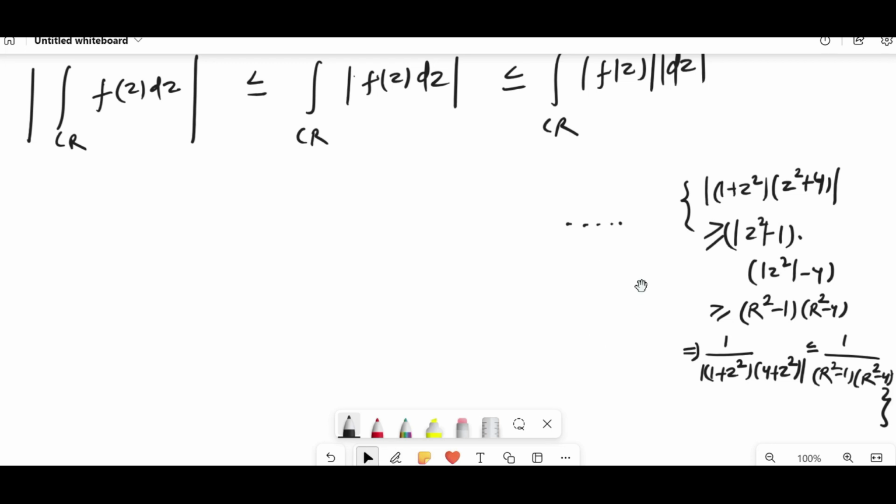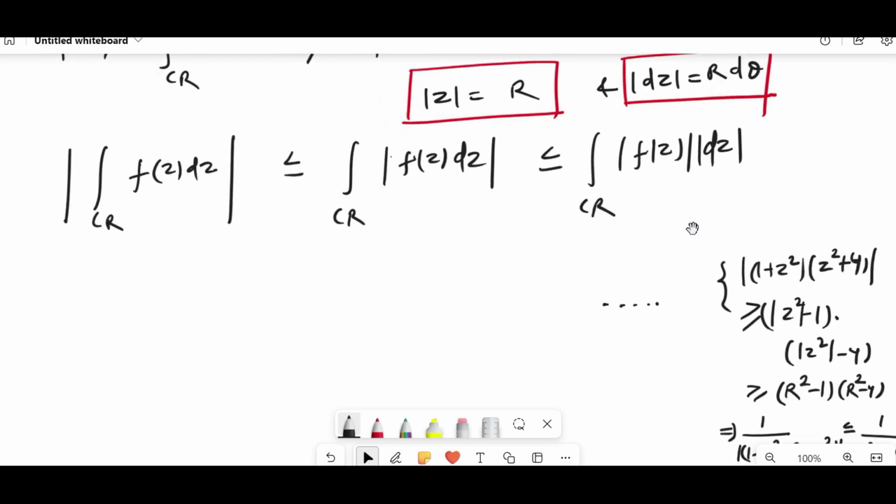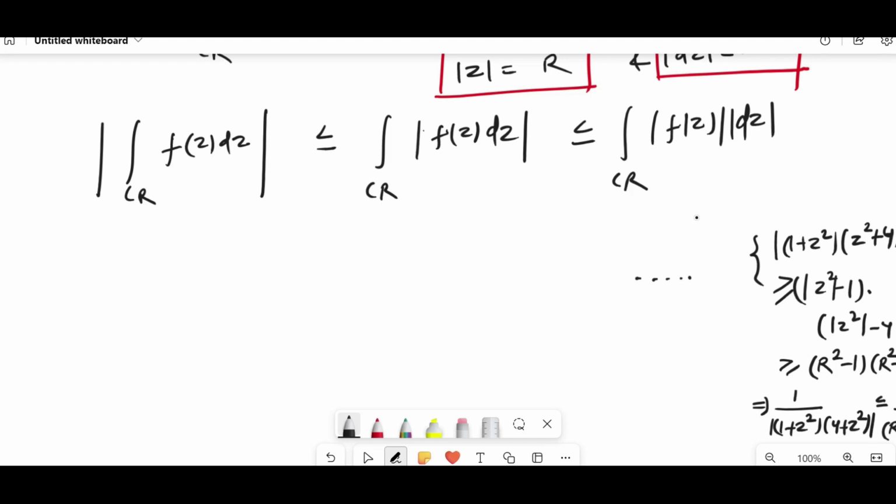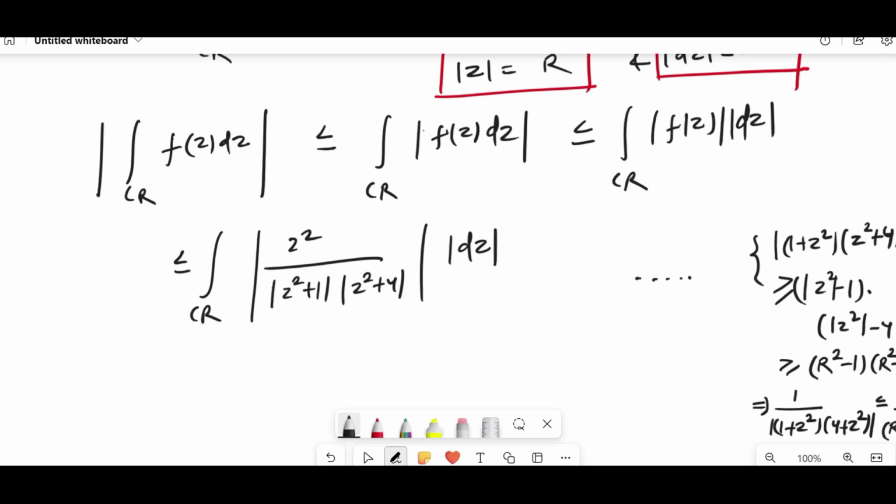So now here this is equal to the line integral over the curve C of mod of z square over mod of z square plus 1 and mod of z square plus 4 and mod of dz.